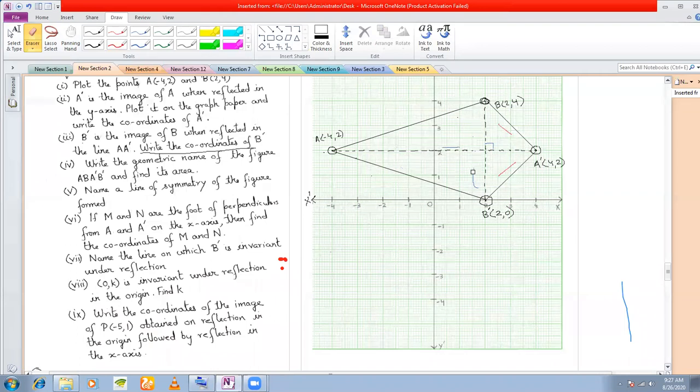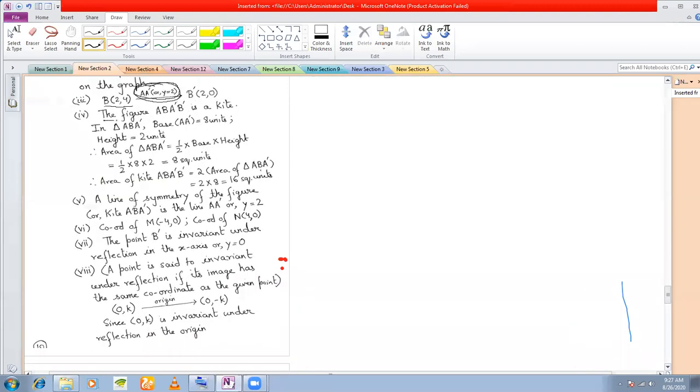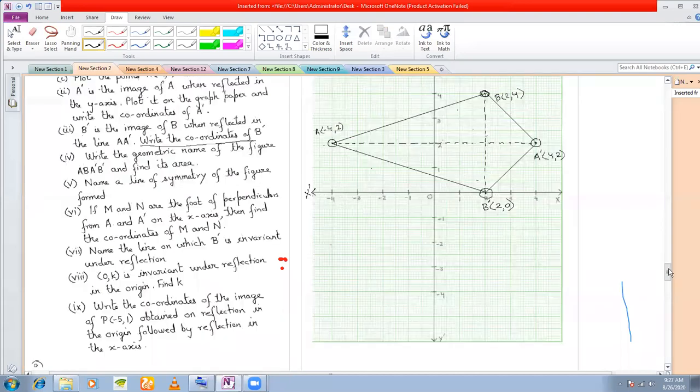So name the figure. I think naming part we have figured out. Write a geometric name of the figure. Look at number 5. The figure A, B, A dash, B dash is a kite. Next question is find its area. How to find out the area?